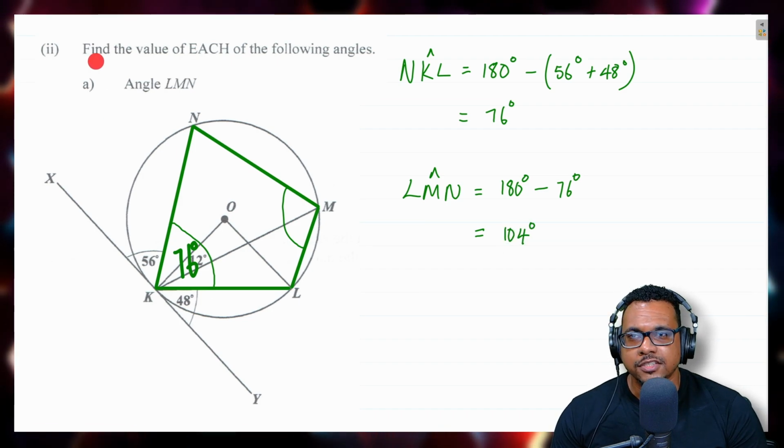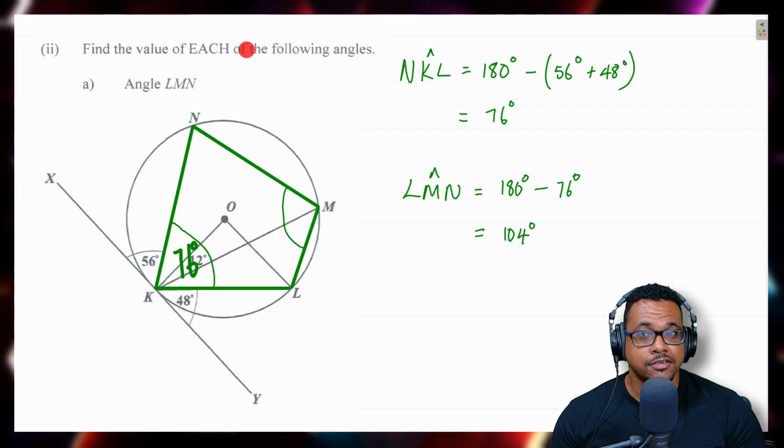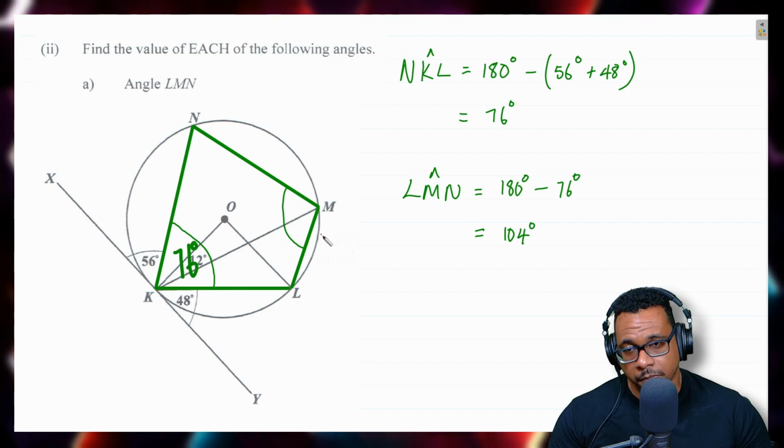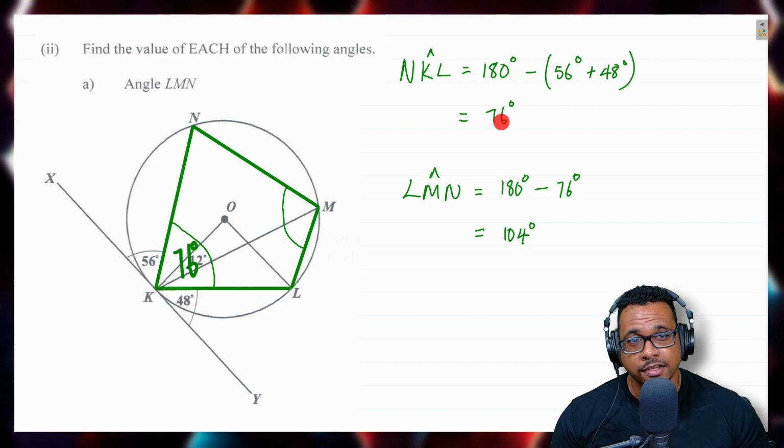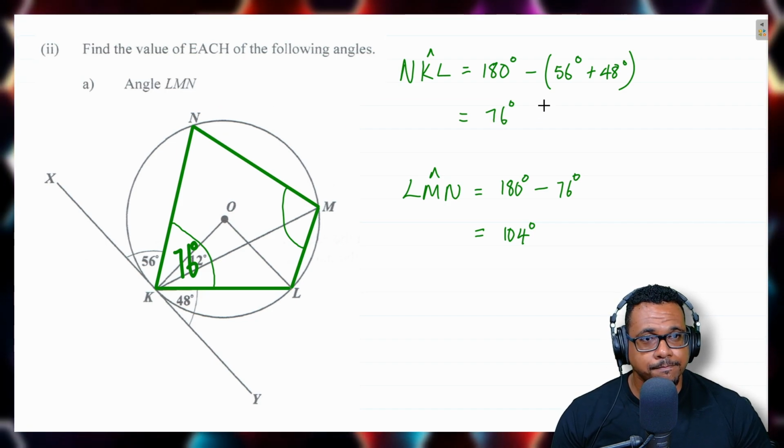Now notice for this question, they never told us to write a reason for our answers. But because this is a teaching moment, I'll write the reasons. So for this one, the reason would be straight angle.